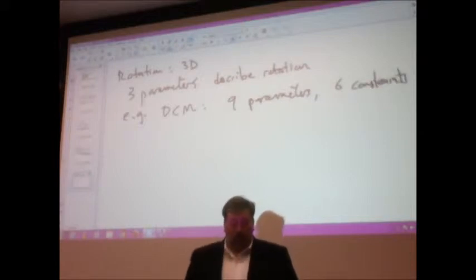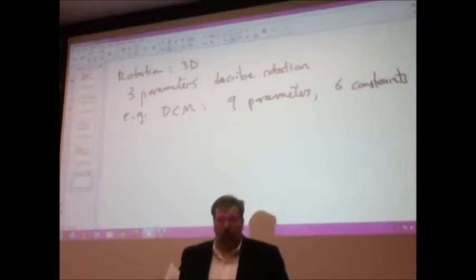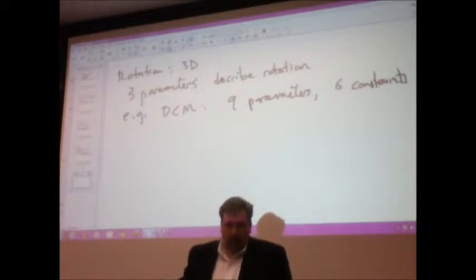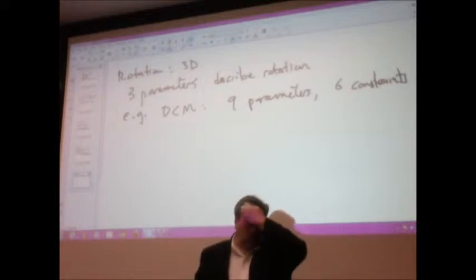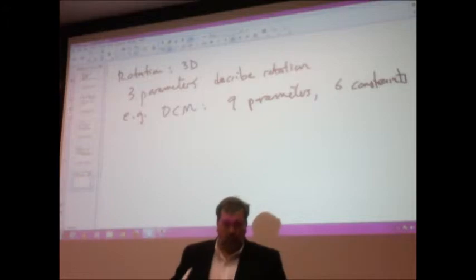Those constraints are that it's proper orthogonal. In other words, the dot product of all the rows is 0, the dot product of all the columns is 0, it's right-handed, and so forth. So those constraints give you the unitary direction cosine matrix we're thinking of.